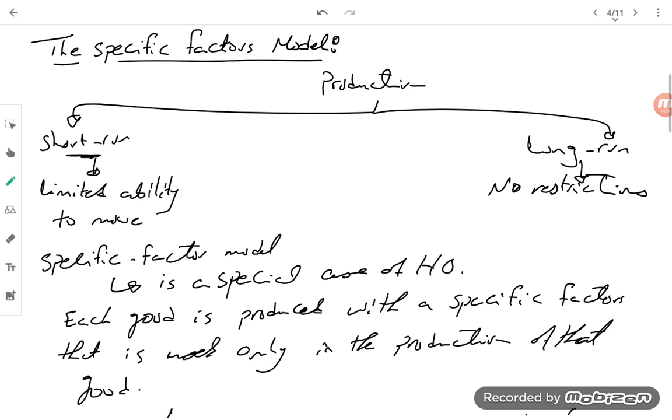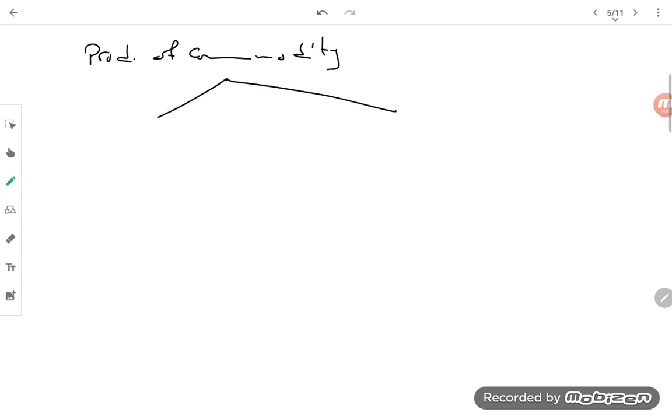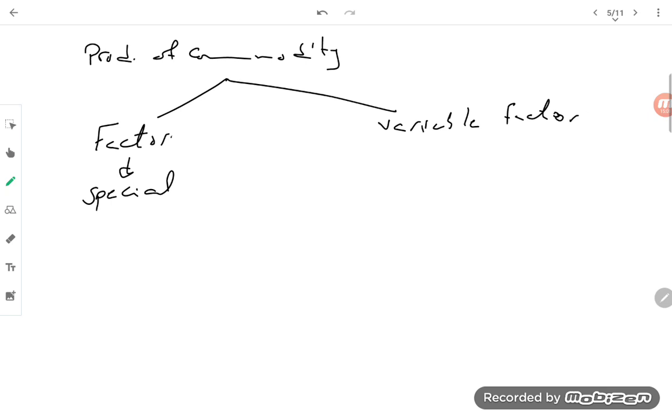So this means that the production of the commodity depends on a factor used especially in the production of this commodity, and variable factors that can be used in the production of any other commodity.